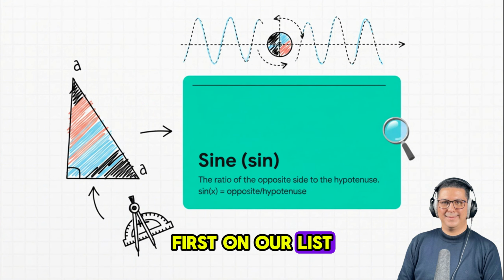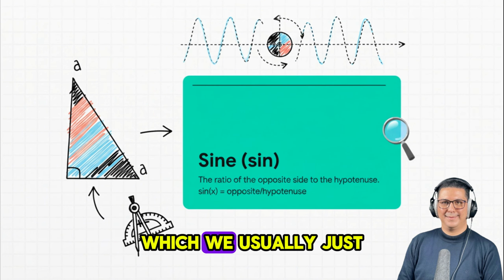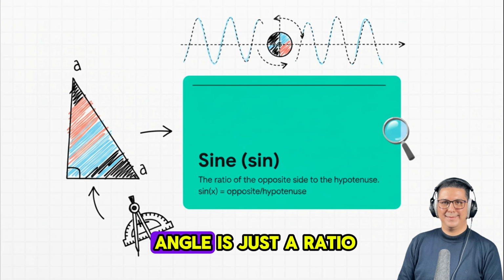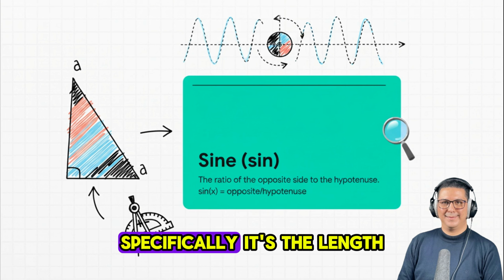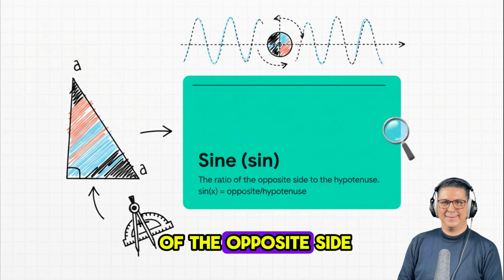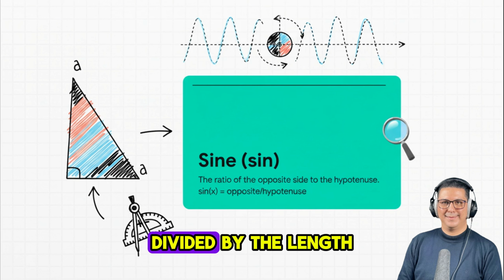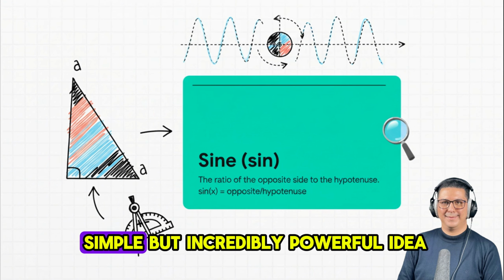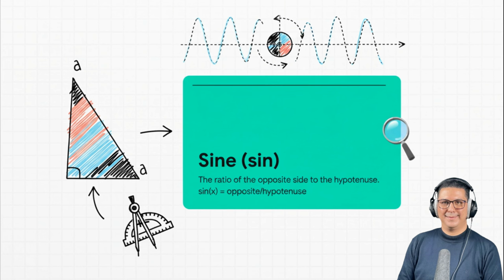First on our list is sine, which we usually just write as sin. The sine of an angle is just a ratio. Specifically, it's the length of the opposite side divided by the length of the hypotenuse. That's it. It's a simple but incredibly powerful idea.